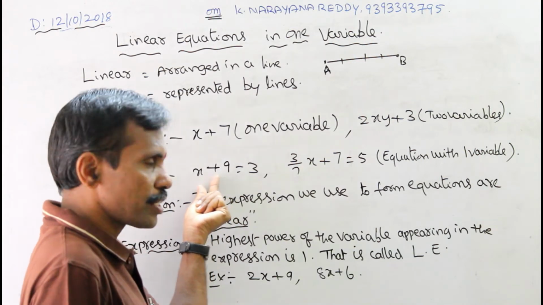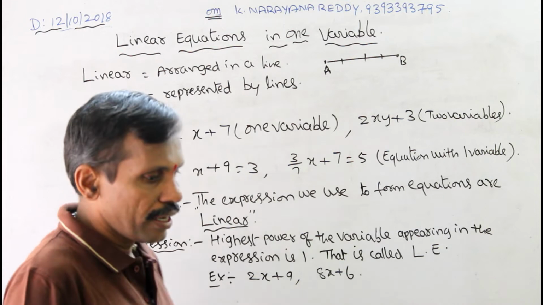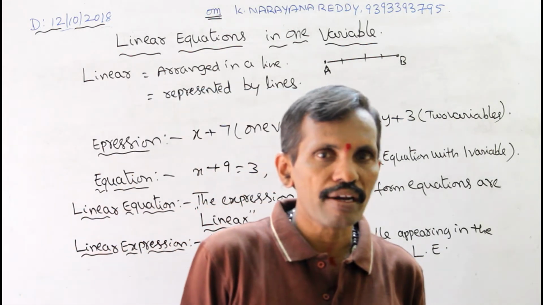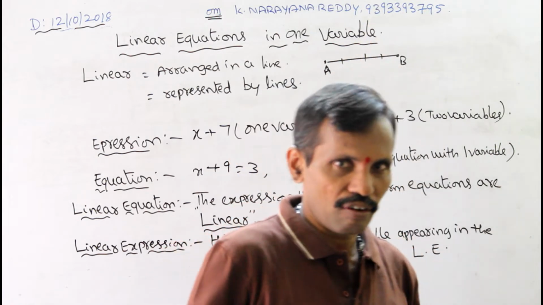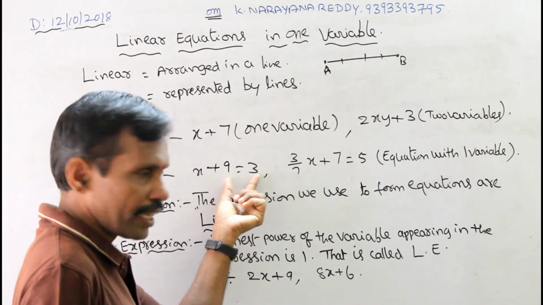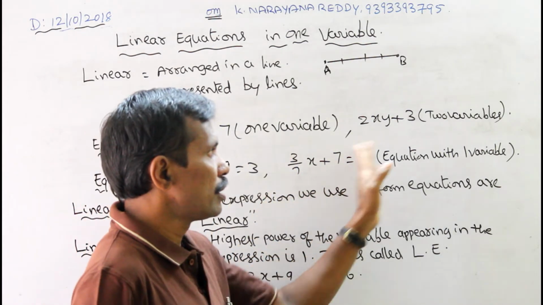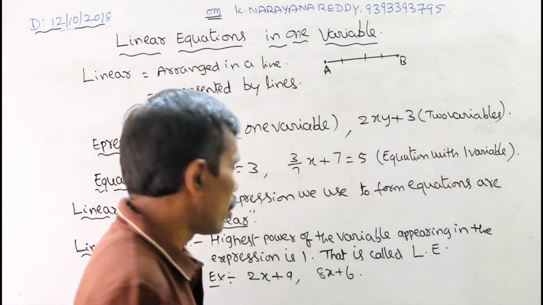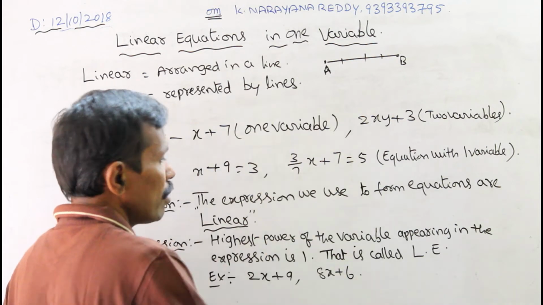Whenever two expressions are equated with an equal sign, that is called an equation. So x plus 9 is equal to 3. In the same manner, 3 by 7 x plus 7 equals 5. This is an equation with one variable. Here x is a variable, and here also x is a variable.